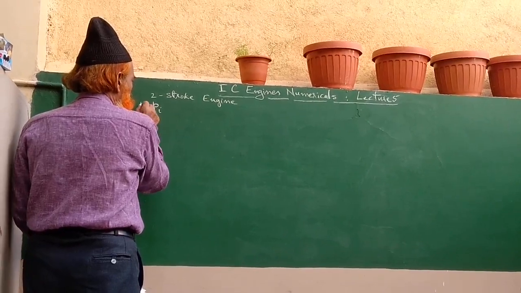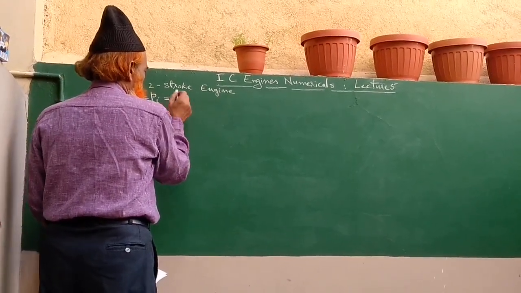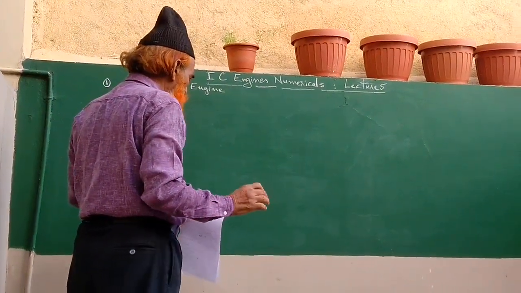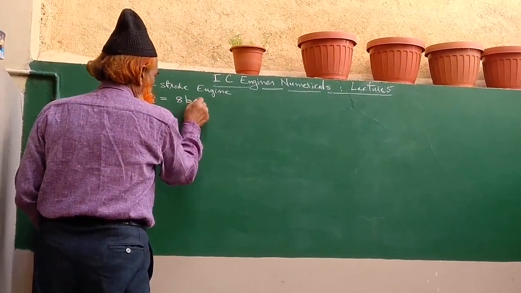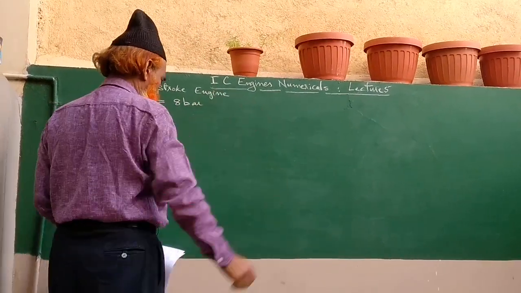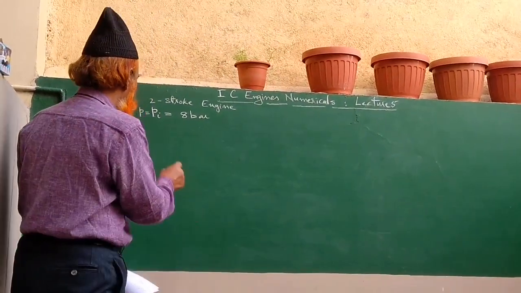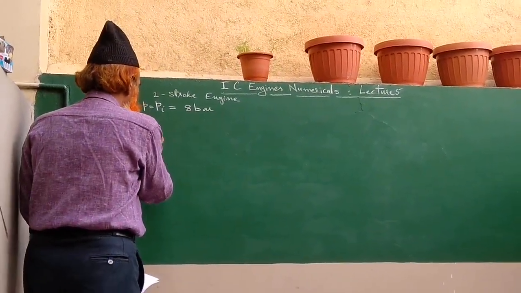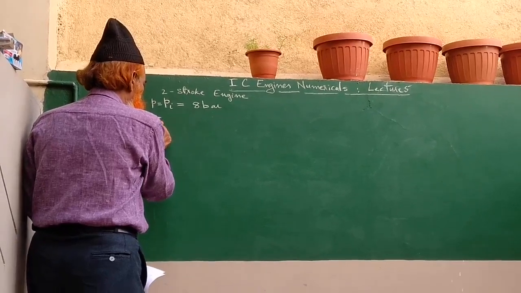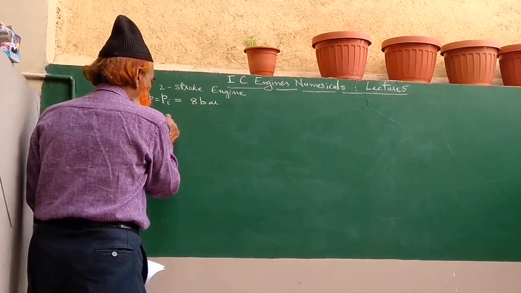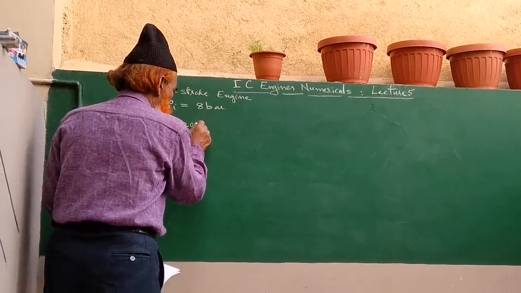It is given 8 bar. Then the next is the speed of engine, 1200 RPM. For RPM we have taken capital N, therefore put the notation capital N and write down 1200 RPM.